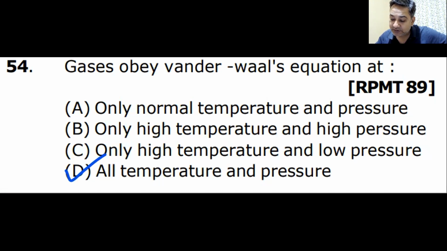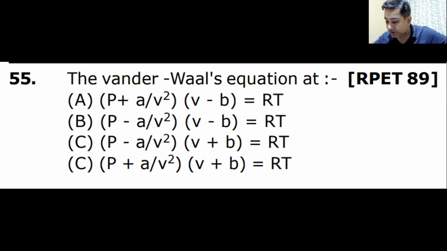And now the actual equation comes here. Please note this down. The Van der Waals equation is which one? A, B, C, D. You might not be knowing it, so I'll tell you it is the equation number 1 or A. P is replaced by P plus a by V square, V is replaced by V minus b.